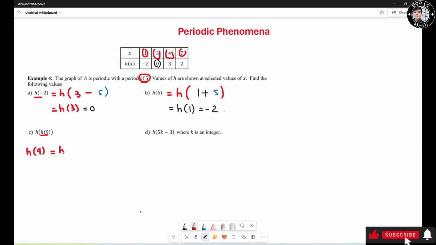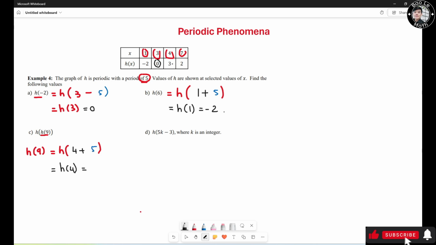So it will be h of... Now I need to put the period 5 right here. And then right here I already have 5, but I need 9, so does that mean I add 4? So this guy is the same thing as h of 4, because I can ignore the periods.